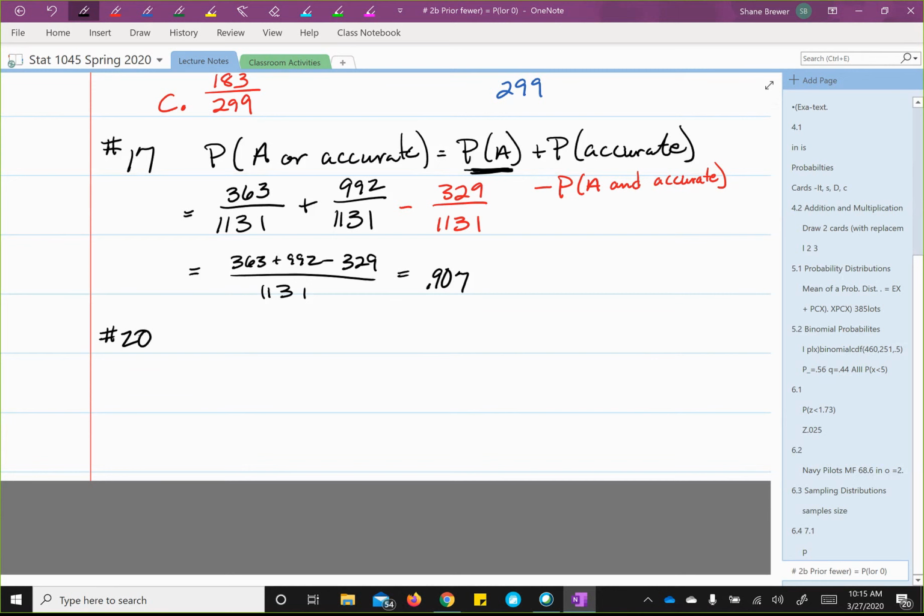First of all, does the table show a probability distribution? All we need to do is add up all of the probabilities, and we need them to add up to be 1.